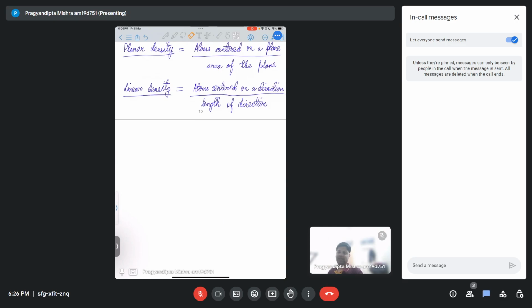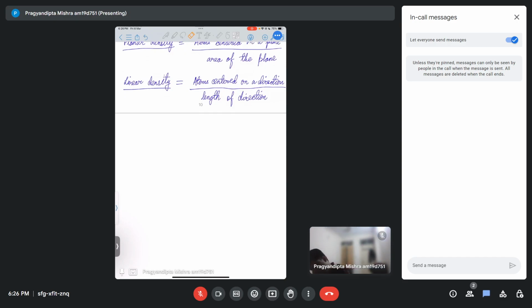So with this we can come to an end for today. One last thing: slip systems. Let me draw this table. Crystal structure, slip plane, slip direction.